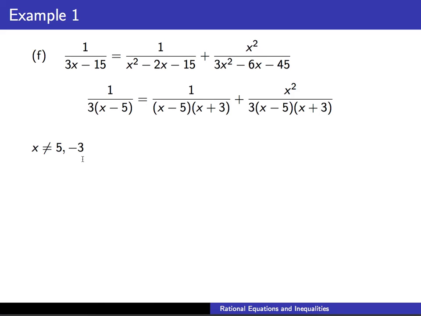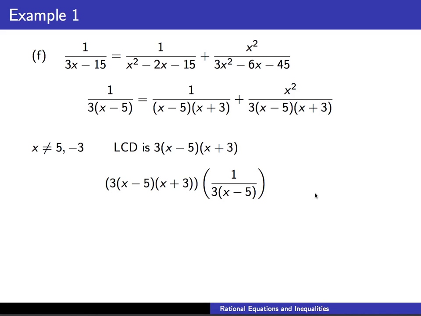As far as our least common denominator goes, notice these two denominators have a 3 out in front, so that's going to be a part of it. And then each one of them has an x minus 5, and then some of them also have an x plus 3. So our least common denominator is 3 times x minus 5 times x plus 3. Now, in order to have enough space to write this across the slide, I'm going to have to look at each one individually.